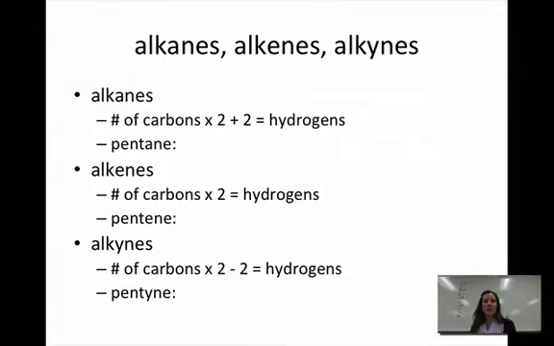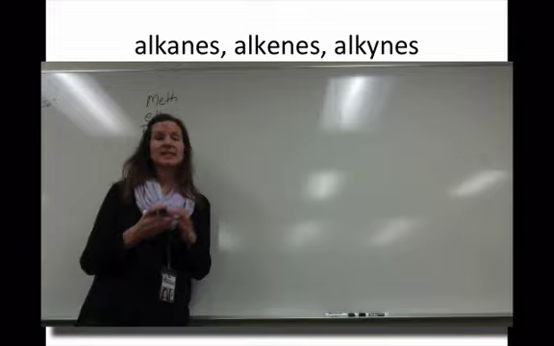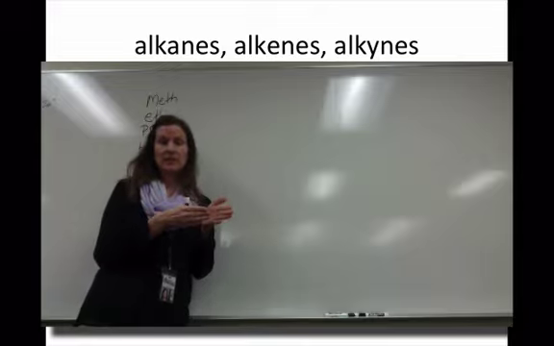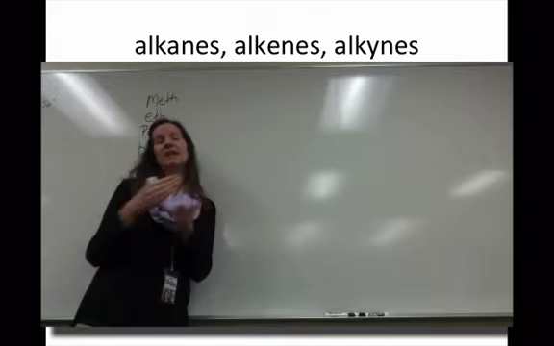So if we are talking about alkanes, alkanes always have a ratio of carbon to hydrogen, where if you take your number of carbons and multiply by 2, and then add 2, that's the number of hydrogens you will have within your compound. So the example pentane, pent is the prefix, ane tells you it's an alkane.